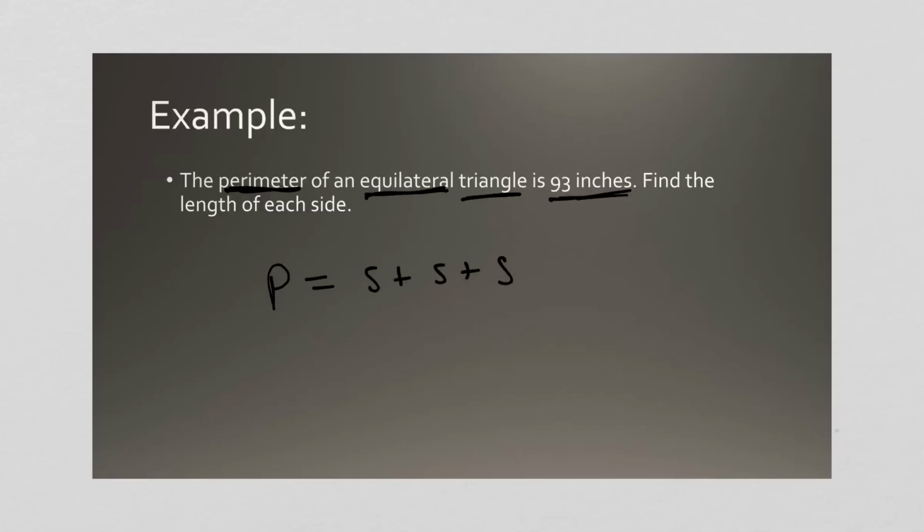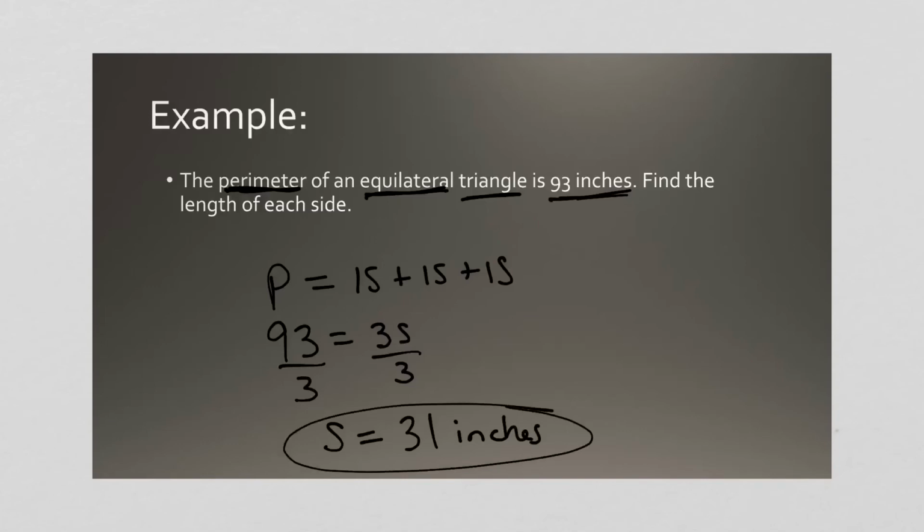But in this case, I know that all 3 of those sides are the same length. So my perimeter is 93. I can add up 1s plus 1s plus 1s is 3s. Divide by 3. And s, or side length, is equal to 31. 31 what? What are we dealing with? Inches.